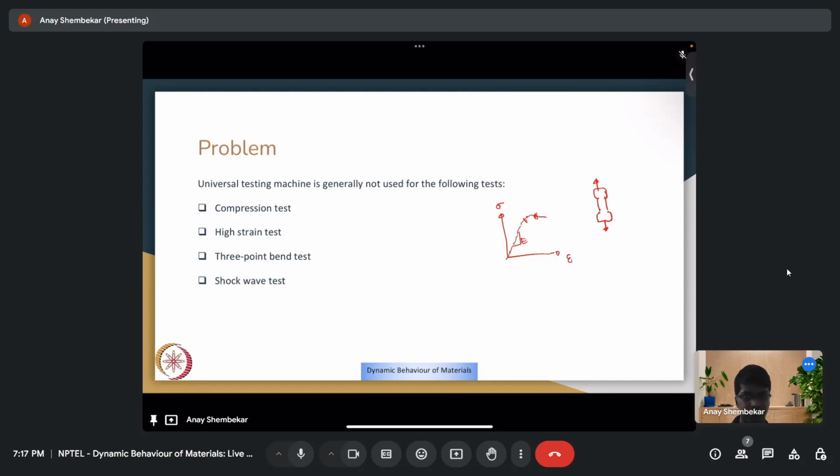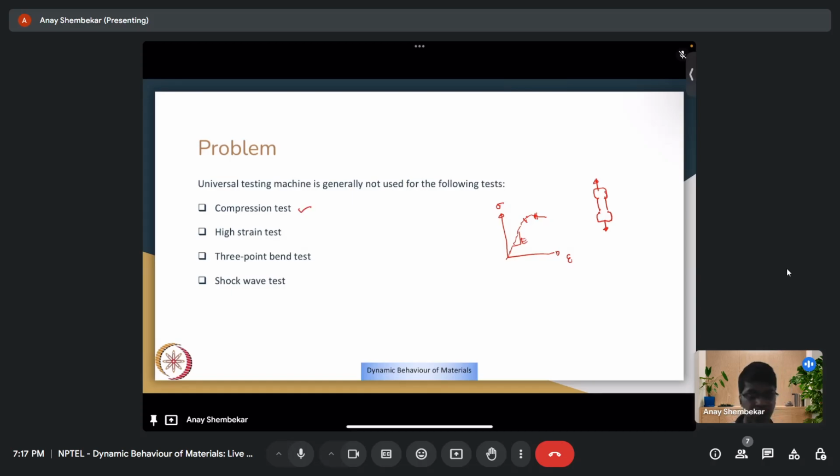Out of the tests that are given here, which of these do you think are not measured in a UTM? As I mentioned, you can do quasi-static loading, so a compression test can be done there.